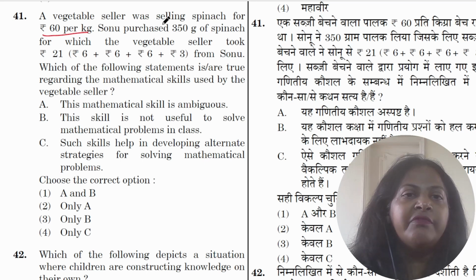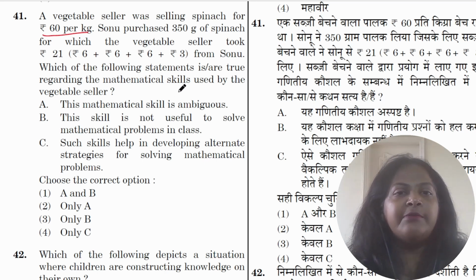So 350 grams, 60 rupees per kg, so 6 rupees is for 100 grams. The vegetable seller has thought 6 rupees for 100, 200, 300 plus half of that, 3 rupees. That is how the vegetable seller has calculated that he needs 21 rupees from Sonu.